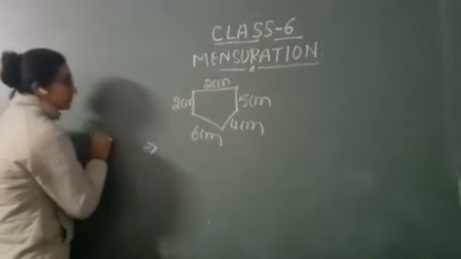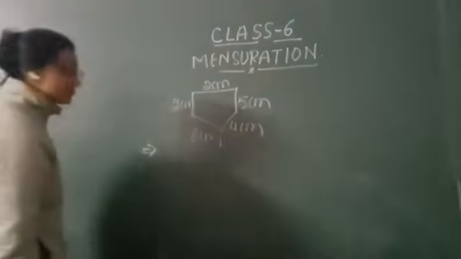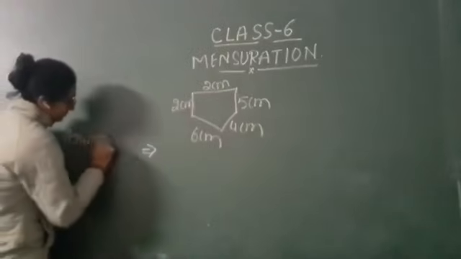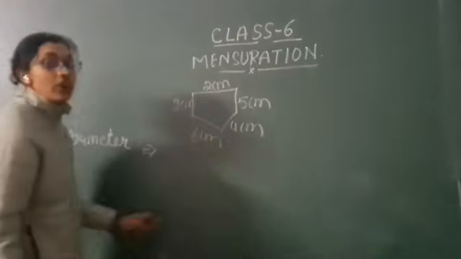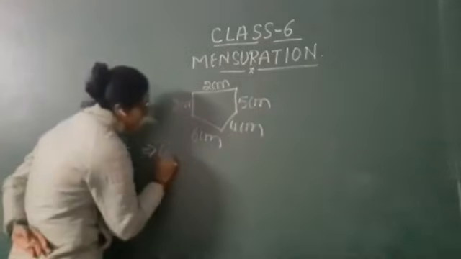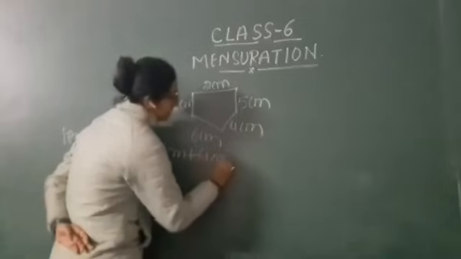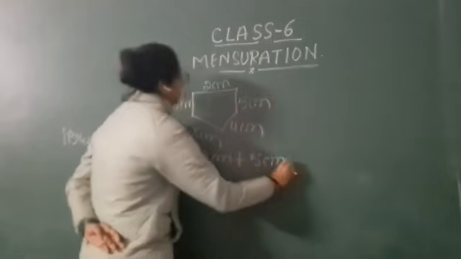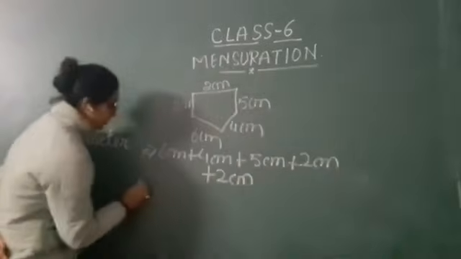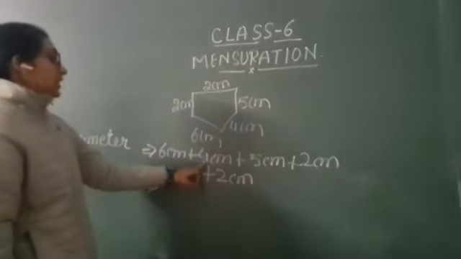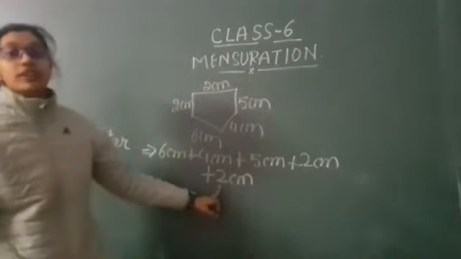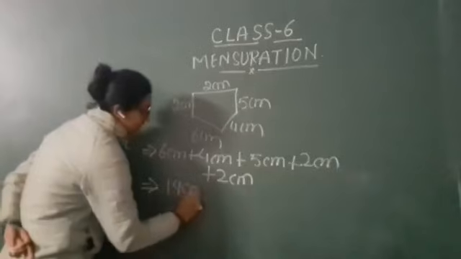So the perimeter is 6 centimeter plus 4 centimeter plus 5 centimeter plus 2 centimeter and lastly 2 centimeter. 6 plus 4 is 10, 10 plus 5 is 15, 15 plus 2 is 17, and 17 plus 2 is 19 centimeter.